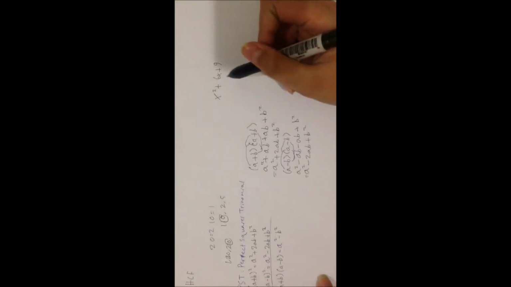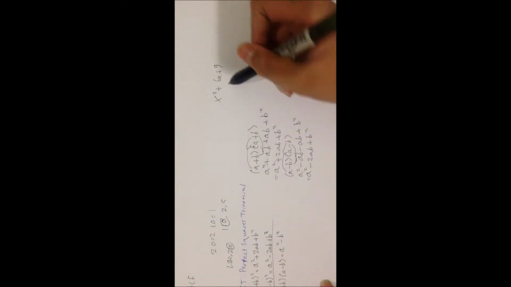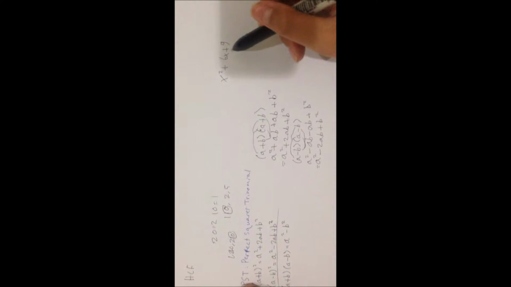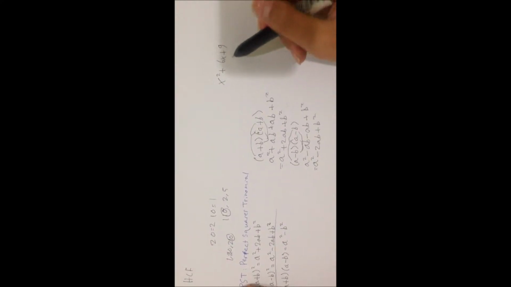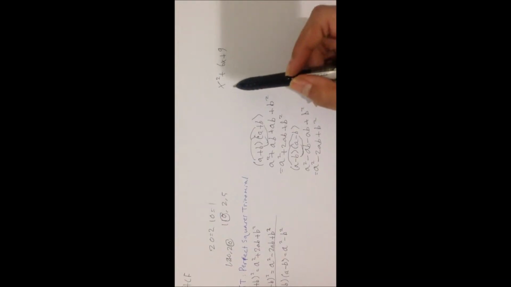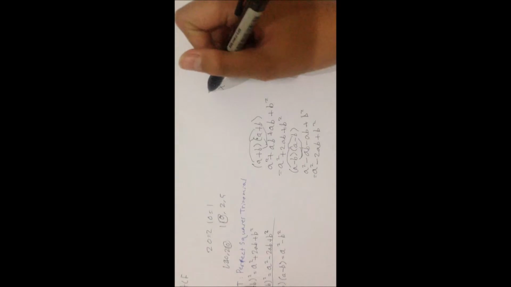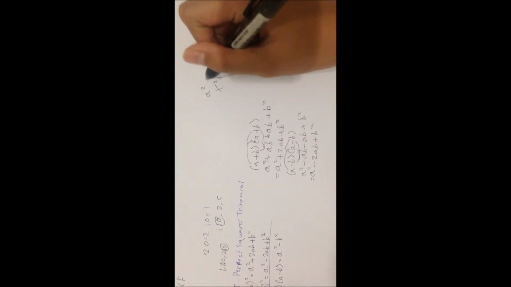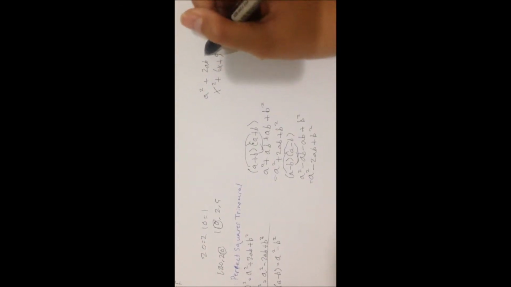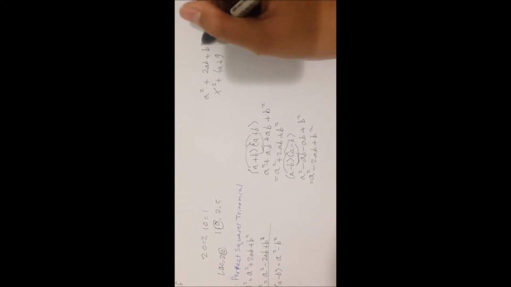If you see an equation like this, x squared plus 6x plus 9, or any number, you can solve it by relating it to the first identity. So let me write it out. This is a squared plus 2ab plus b squared.